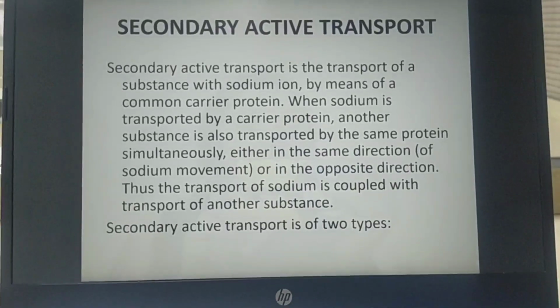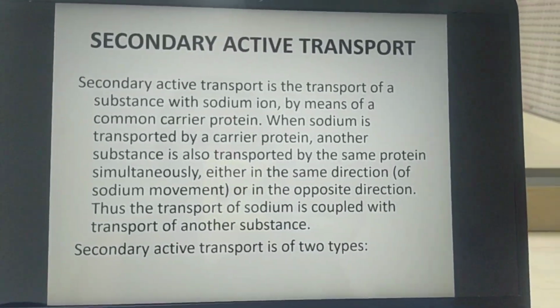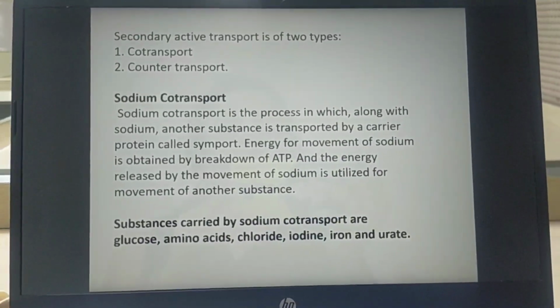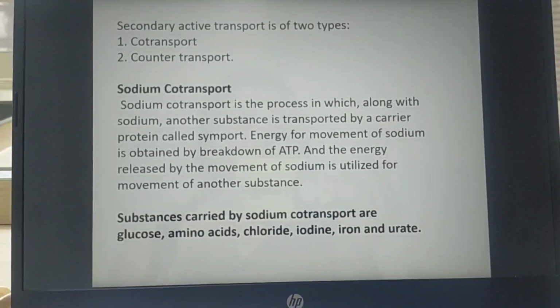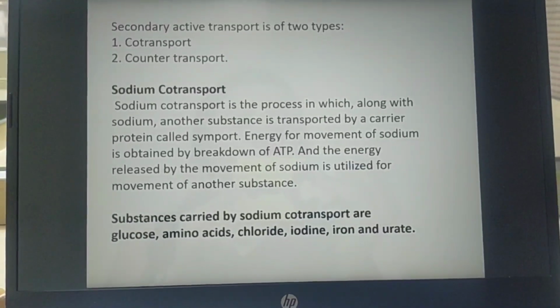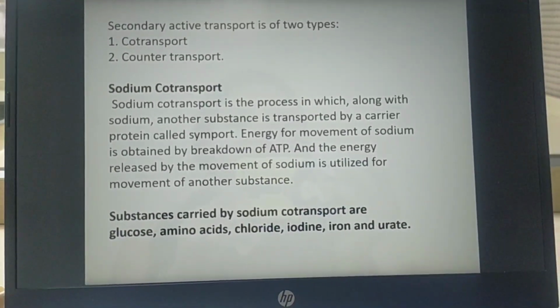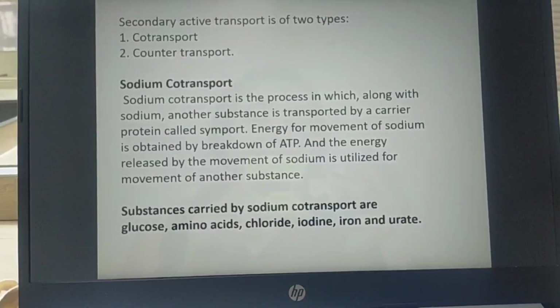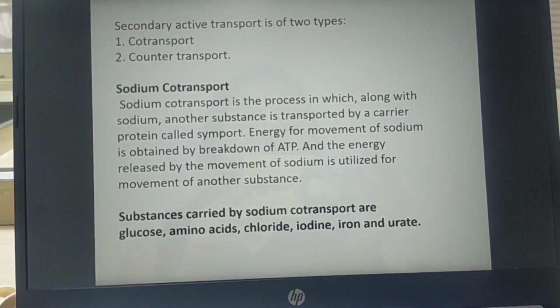Secondary active transport is of two types. First is co-transport and second is counter-transport. Sodium co-transport is a process in which, along with sodium, another substance is transported by a carrier protein, which is called the symport.